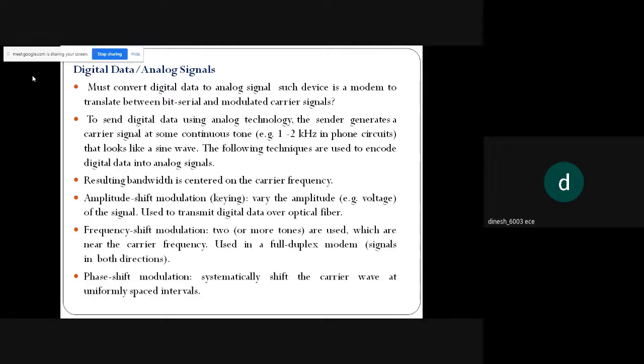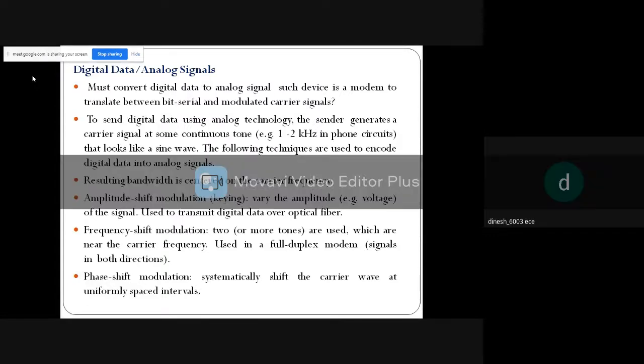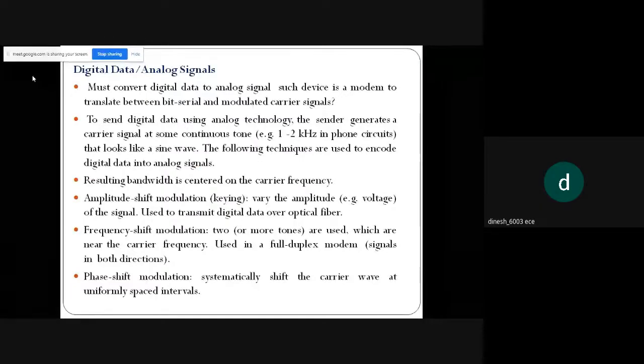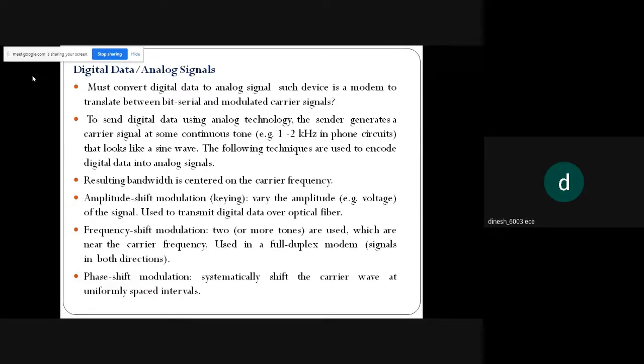So what is digital data to analog signal is given in this slide. Digital data must be converted to an analog signal. For this, a modem is used between a serial signal and a modulated carrier signal.